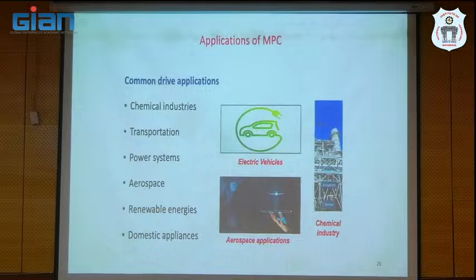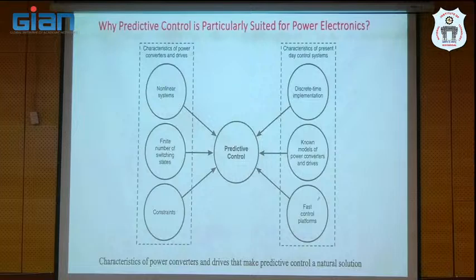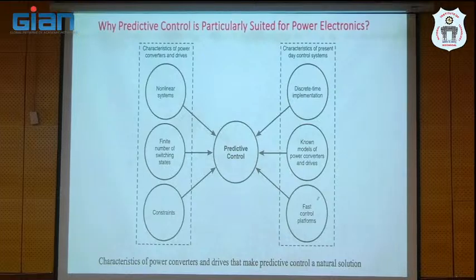For drives applications, if you know the nature of current, flux, and torque at the k plus 1 instant, just one future step, we can control the error effectively. If you want to adopt this model predictive control method, this is very essential.